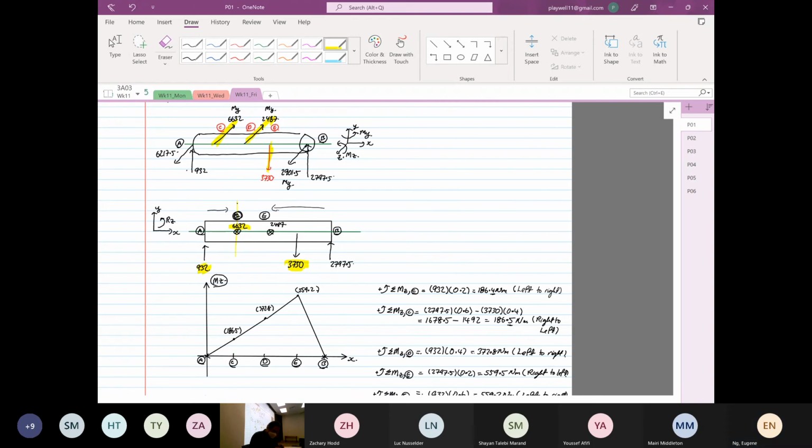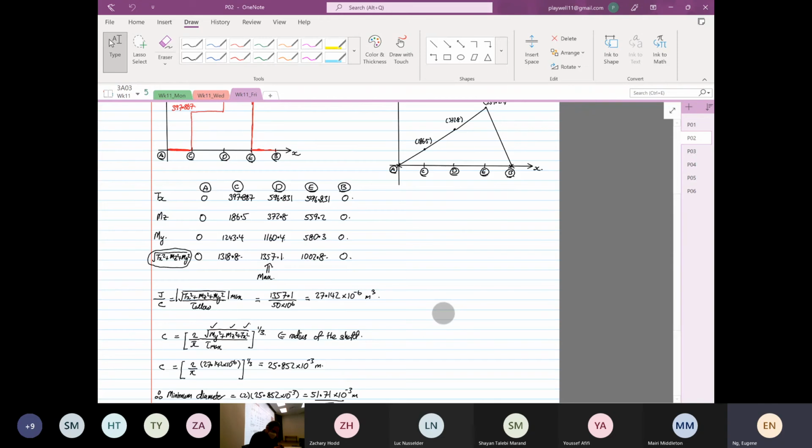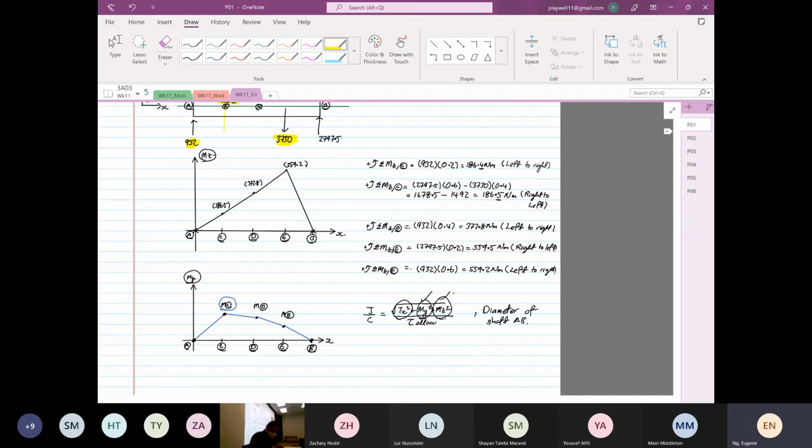And then the maximum torque that we can see, right, that we calculated, is 596.831. And then we have to know our moment.